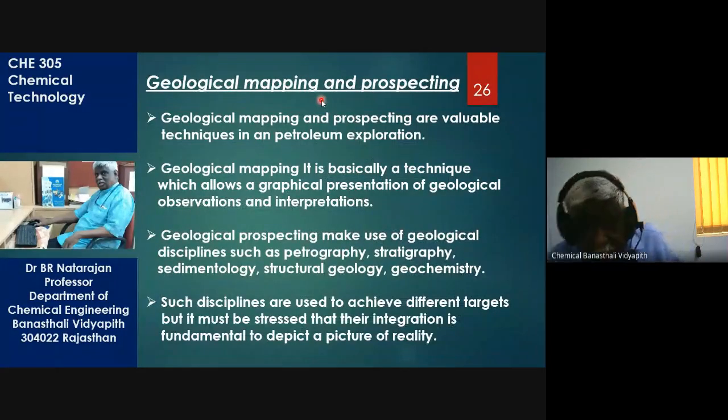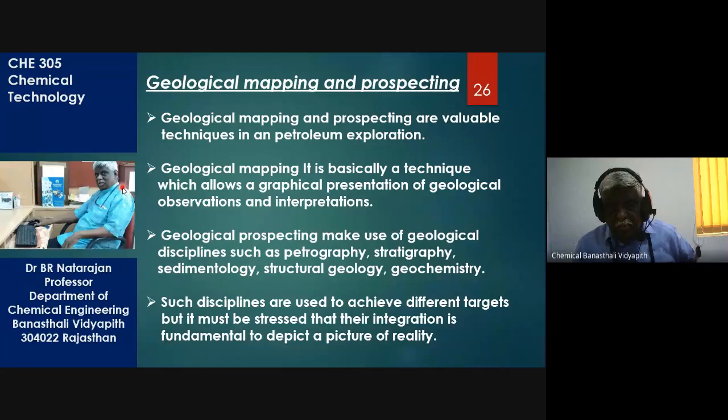Geological mapping and prospecting, these are valuable techniques in petroleum exploration. The mapping is basically a technique which allows graphical presentation of geological observations and interpretation.